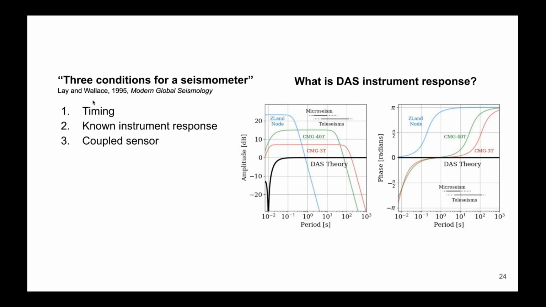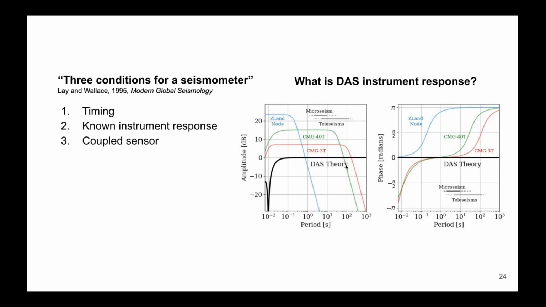It's sometimes difficult to obtain a GPS signal inside of a server room, but that can be done by providing a clock time. And coupling the sensor is an open question. There's a lot of numerical simulations being done to model what the effect of the coupling could be. But in this study, I'll just look at instrument response in particular.